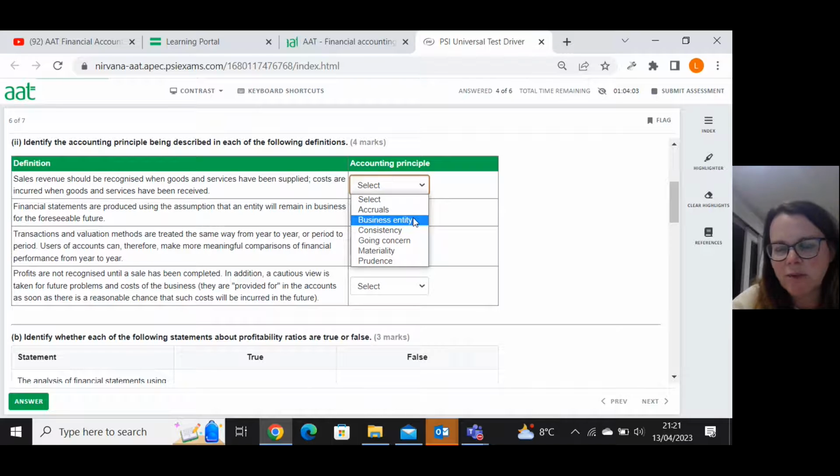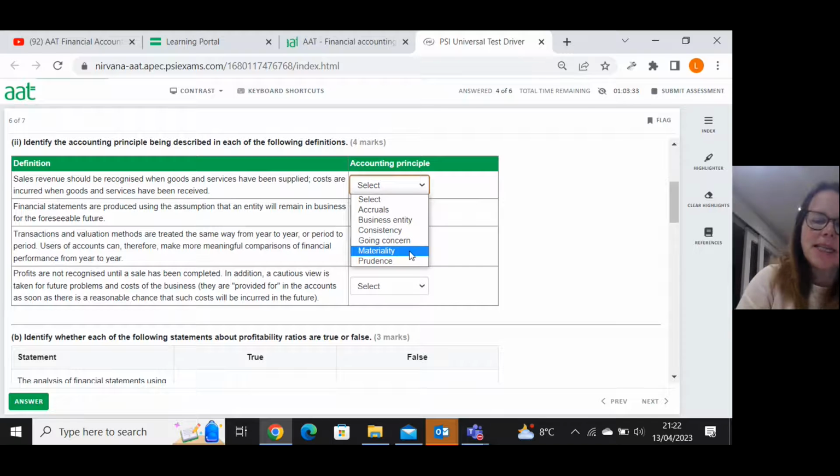So an example of that was in the previous question where the mobile phone use that was personal had to be brought out of the accounts. Consistency just means doing things the same year on year, which enables comparison. Going concern means that the entity, the business, is going to continue to trade for the foreseeable future.